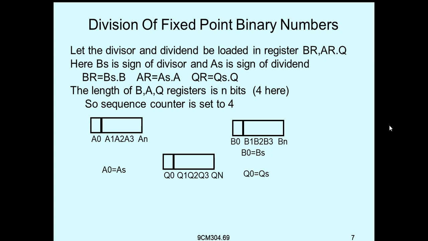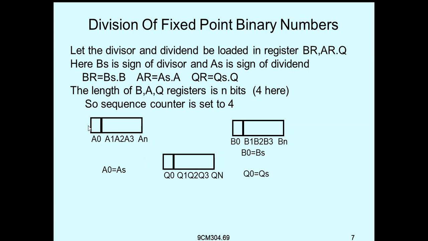Remember one thing: if the BAQ register has n bits, the counter can be set to n minus 1, because in these registers we are storing the data along with the sign bit. So if the register holds 5 bits, it can be set to 4. See this way of storing the numbers in the registers.